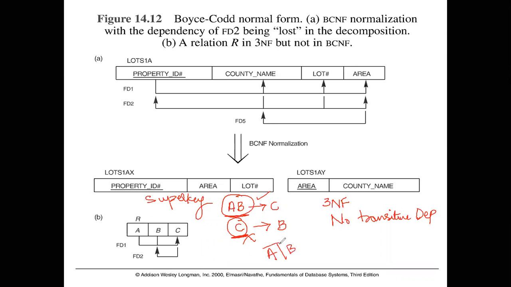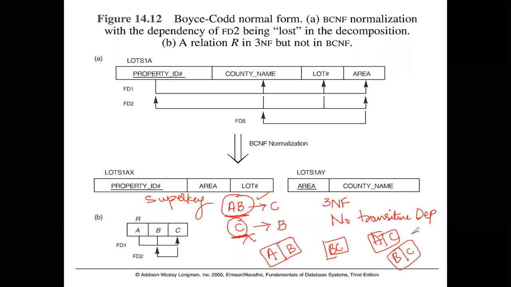A and B in one table and B and C in another table. This way we can divide it, or we can also divide it like A and C in one table and B and C in another table.